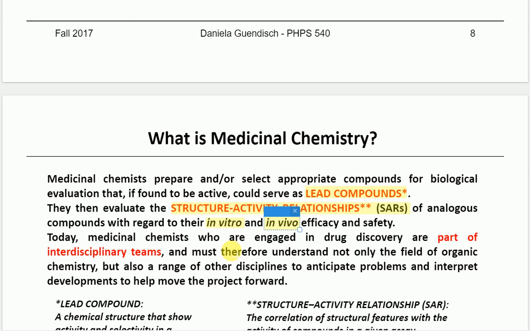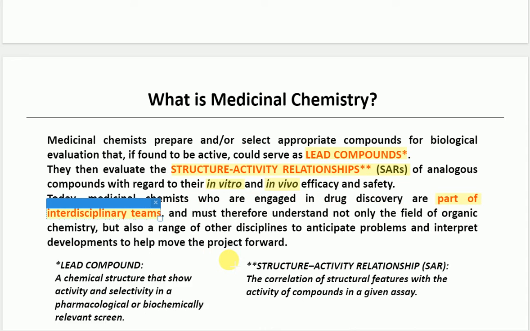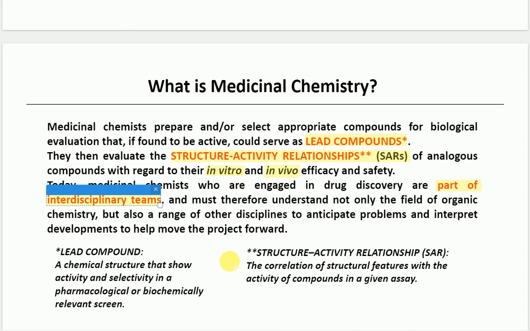Today, medicinal chemists who are engaged in drug discovery are part of interdisciplinary teams and must therefore understand not only the field of organic chemistry, but also a range of other disciplines to anticipate problems and interpret developments to help move the project forward.